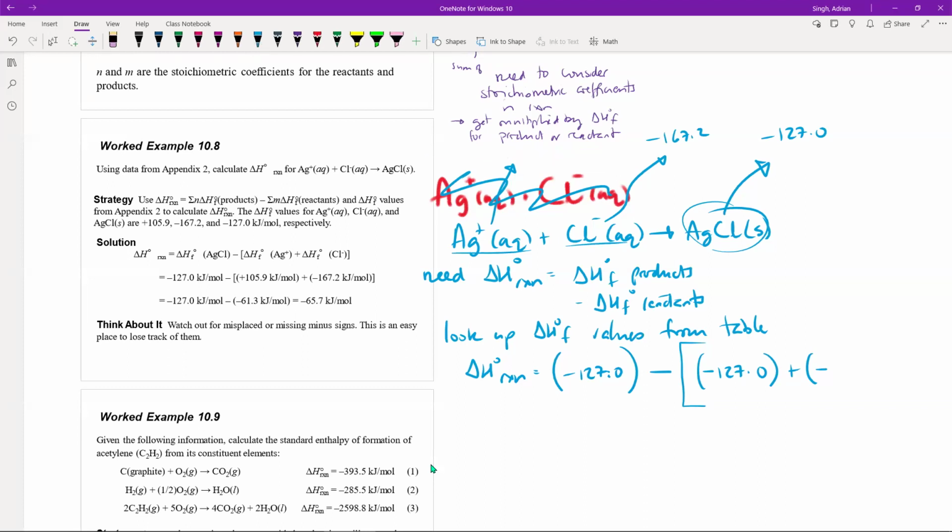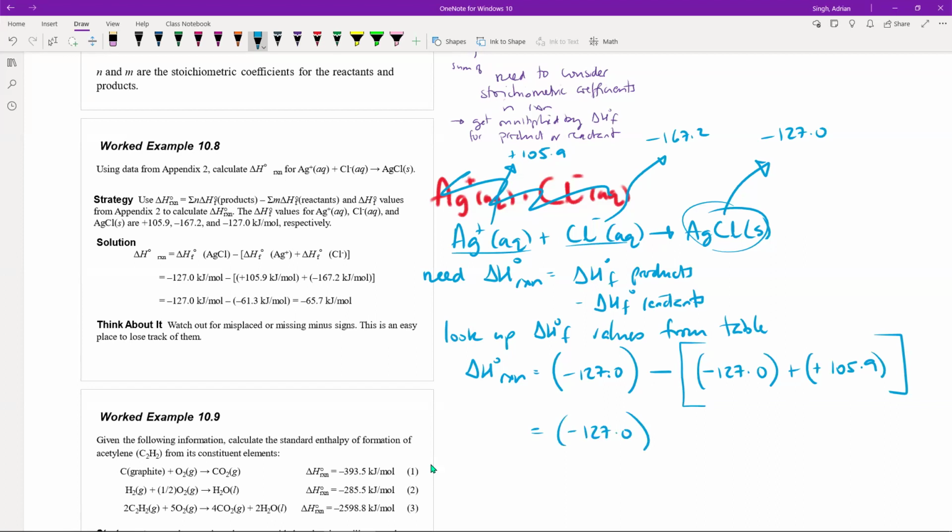Ag plus, which is actually a good example of where it's very easy to lose track of your signs. This is plus 105.9. Close parentheses, so that gives negative 127.0.